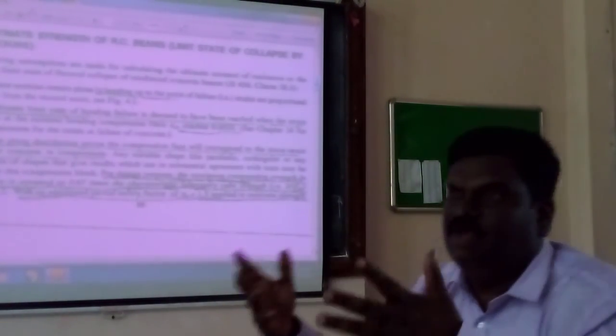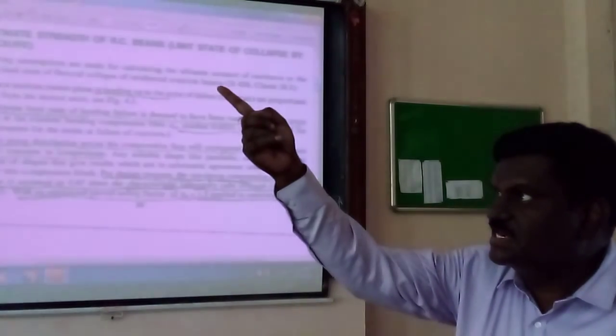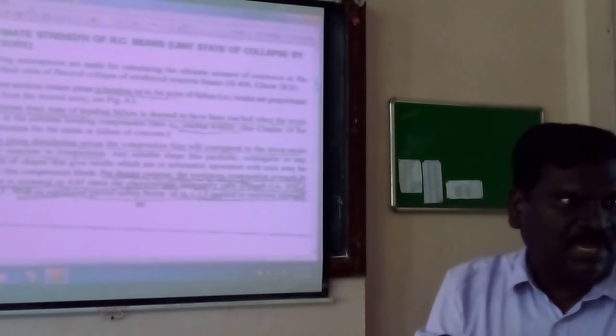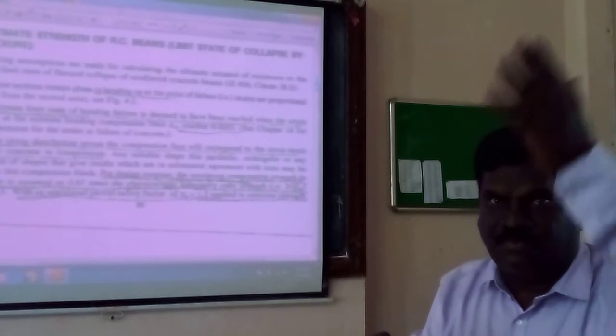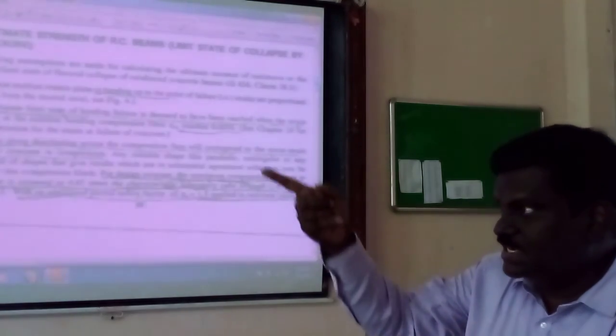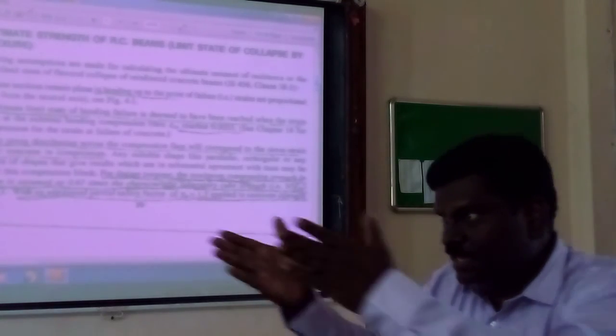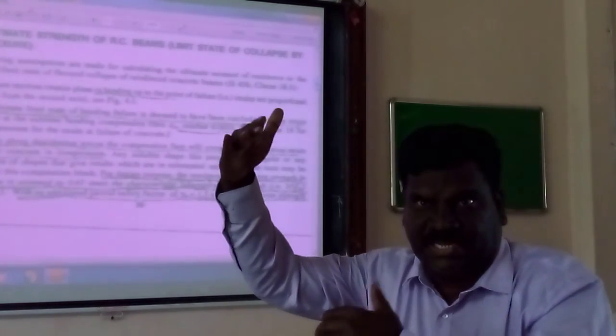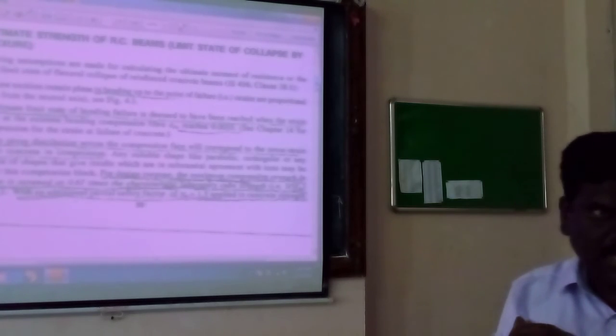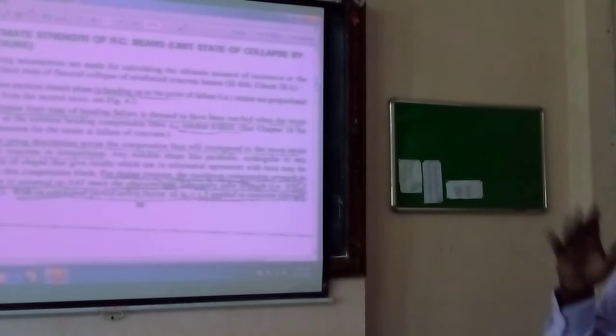At the neutral axis, the strain value is 0, because the strain distribution is like a triangle. You have already studied this in mechanics of materials. The variation of strain is like a triangle, maximum at the extreme fiber and 0 at the neutral axis. That is what the first assumption says.